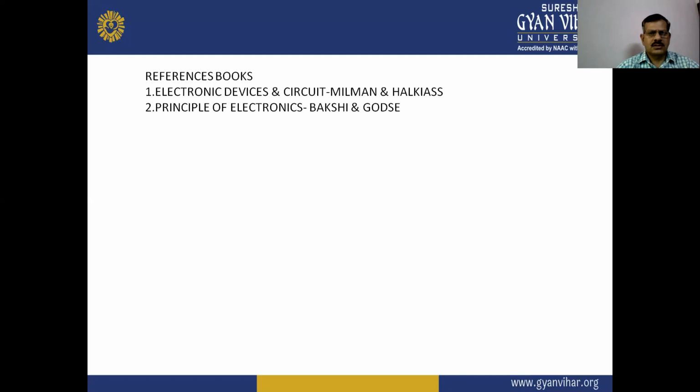Now these are two books for this topic, and we refer to these books to cover this topic. First book is Electronic Devices and Circuits by Millman and Halkias. Second book, Principles of Electronics by Baxi and Borse.